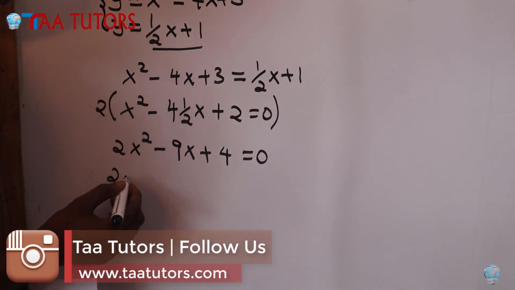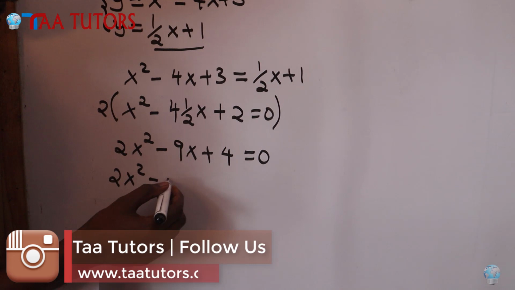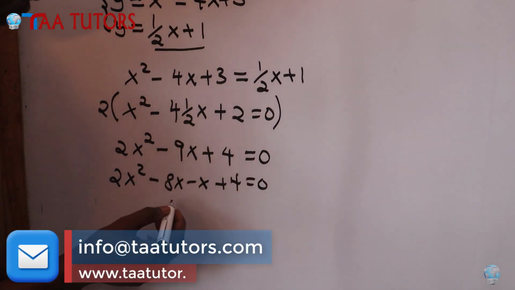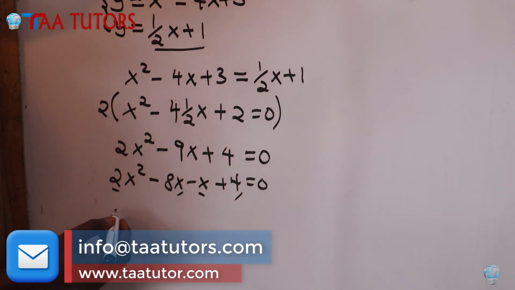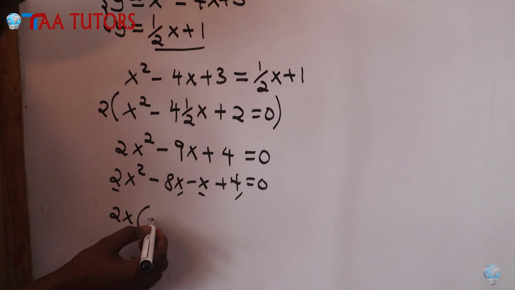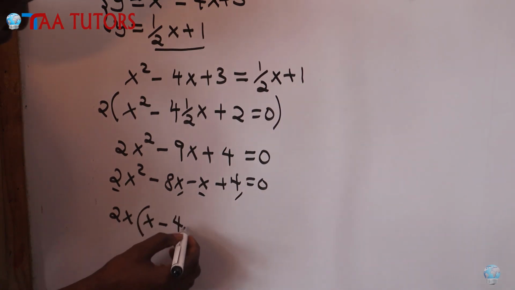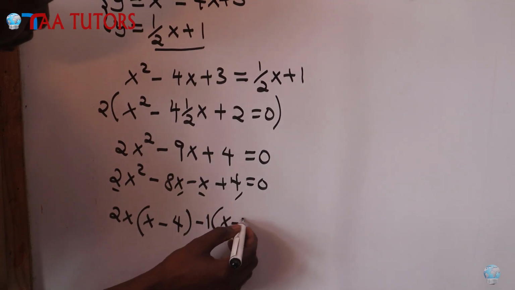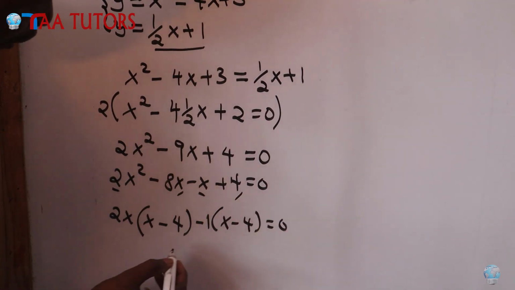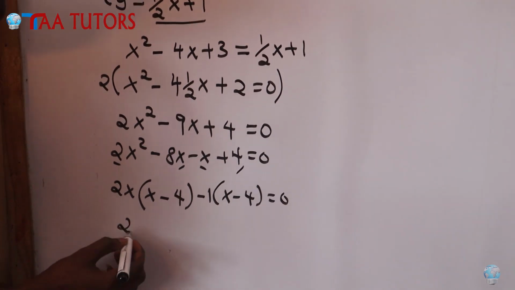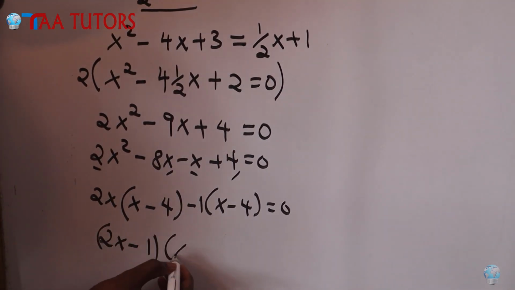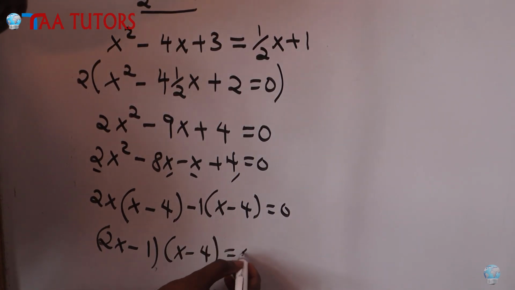So I'll say 2x squared minus 8x minus x plus 4 equals 0. Group these ones. This will be 2x into x minus 4, minus 1 into x minus 4 equals 0. So this is 2x minus 1 into x minus 4 equals 0.